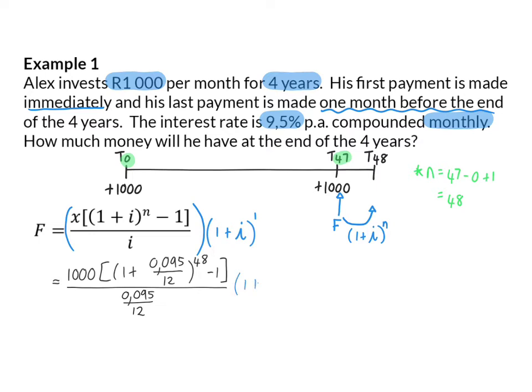And this whole value will then still receive the interest of 9.5% compounded monthly for 1 extra month. And when you determine this on your calculator, you will see that at the end of the 4 years, this account will be worth 58,577 Rand and 77 cents.